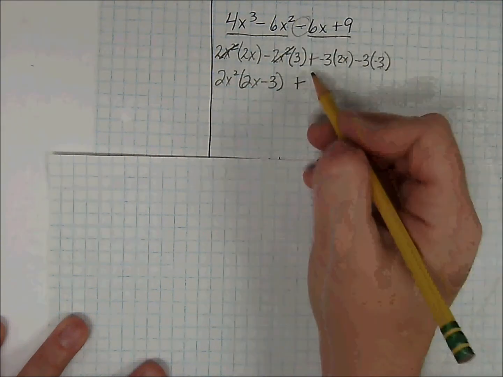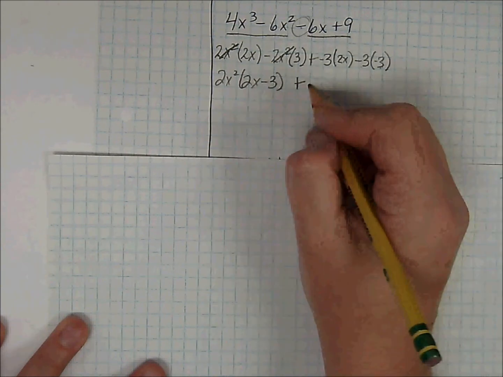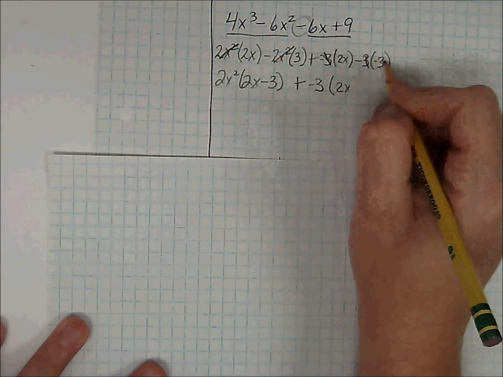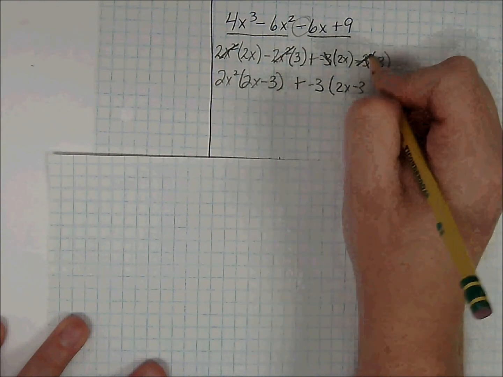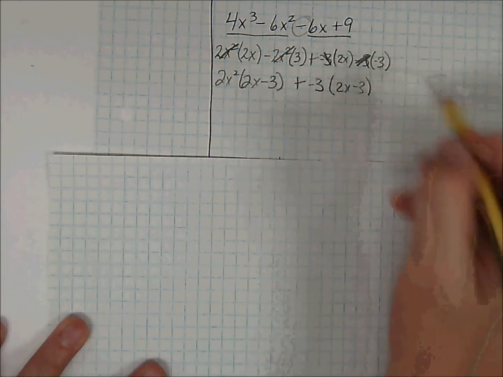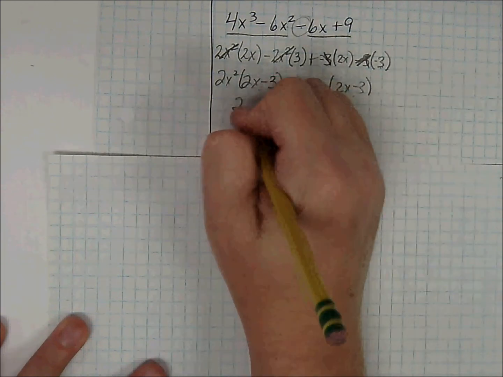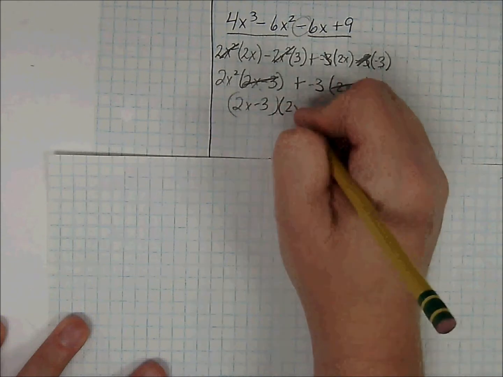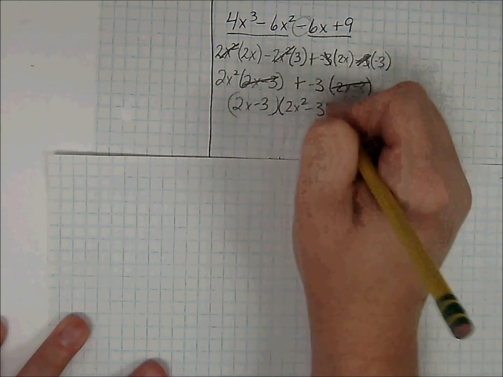And I know that because this needs to be a plus. So I take a negative 3 out, and I'm left with 2x minus 3, because I took out the negative 3, and that's what I'm left with. Good stuff. That's what we wanted. 2x minus 3. Gone. I'm left with 2x squared and a negative 3.